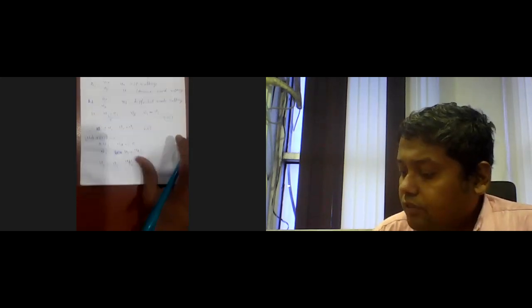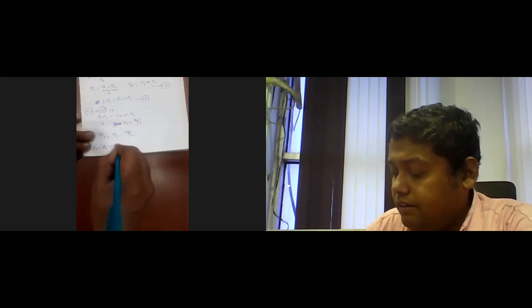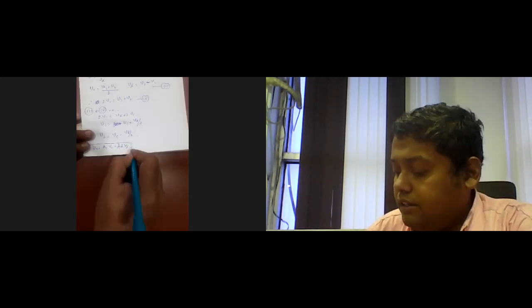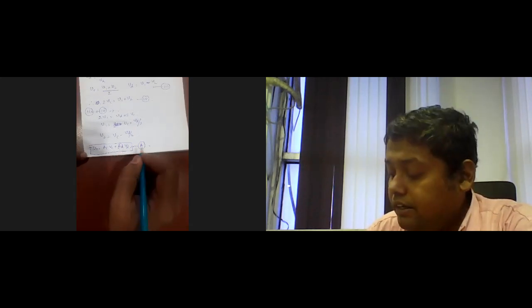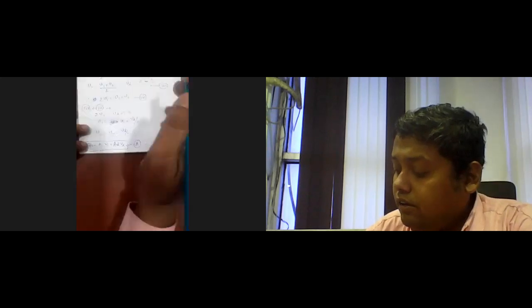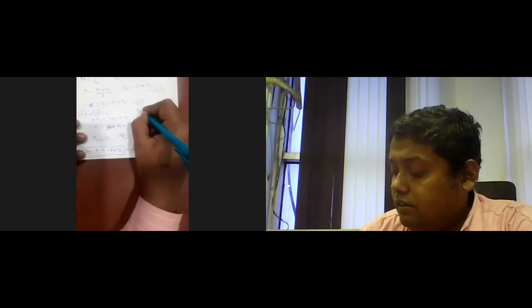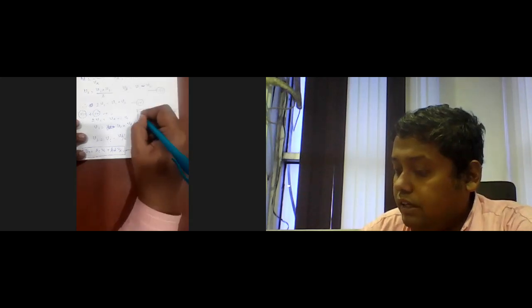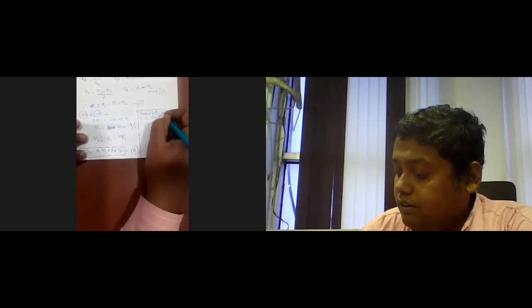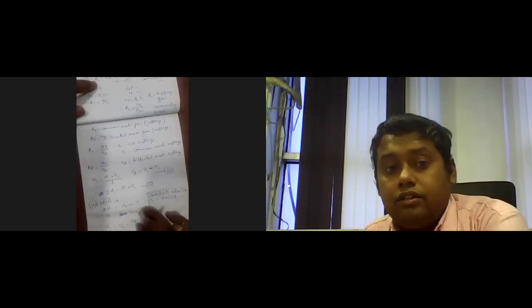Now if we consider V0, that is AC VC plus AD VD, and we consider this equation as A, that is V0 equal to AC VC plus AD VD, then we substitute the values of V1 and V2 in equation 1. These two values are substituted in this equation.